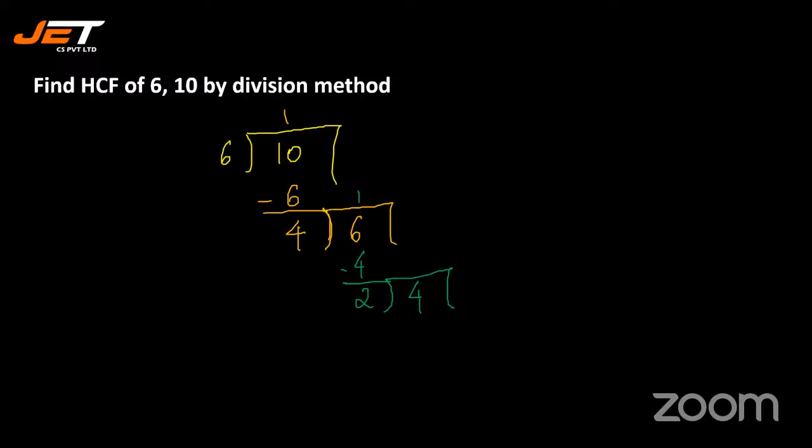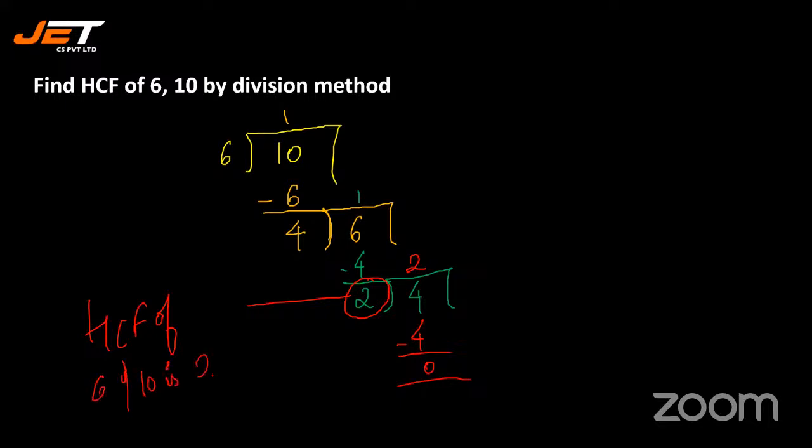After that, 2 times 2 is 4. 0. We'll stop here. And I can see that the highest common factor of 6 and 10 is 2. The last divisor will be the highest common factor.